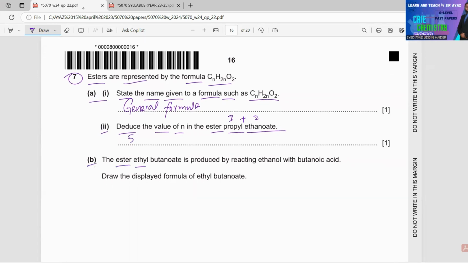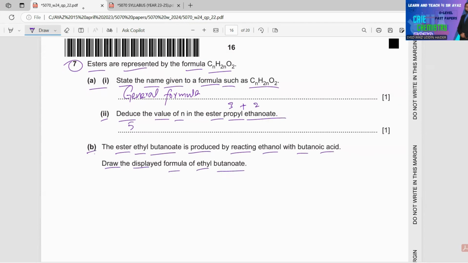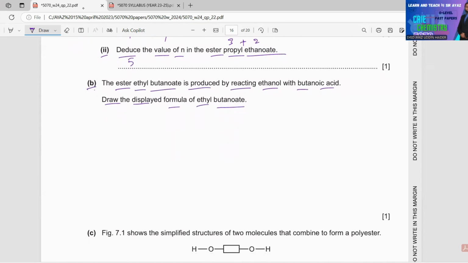B, the ester ethyl butanoate is produced by reacting ethanol with butanoic acid. Draw the displayed formula of ethyl butanoate. So we have ethyl coming from ethanol. So the ethyl group must be this 1, 2, and it's attached to butanoate through this ester linkage.